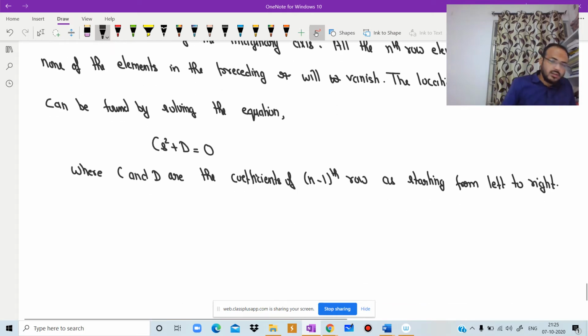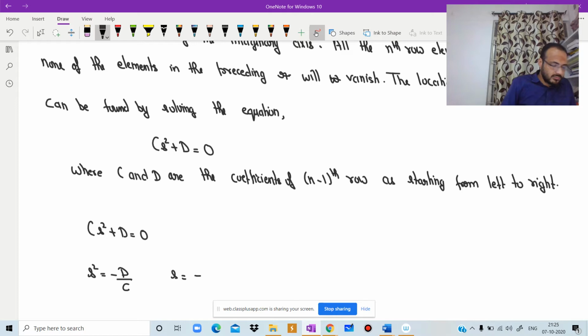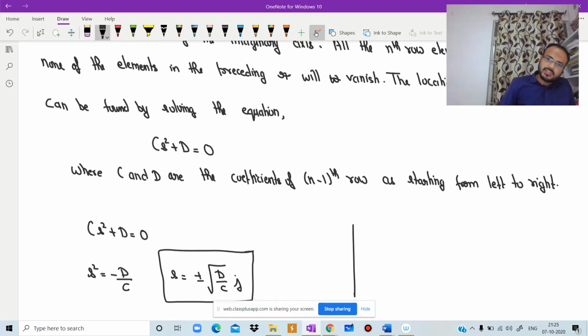Is it clear? Or we can say cs square plus d is equal to 0, s square is equal to minus of d by c, or s is equal to plus minus root of d by c. So the root location will be here and there.